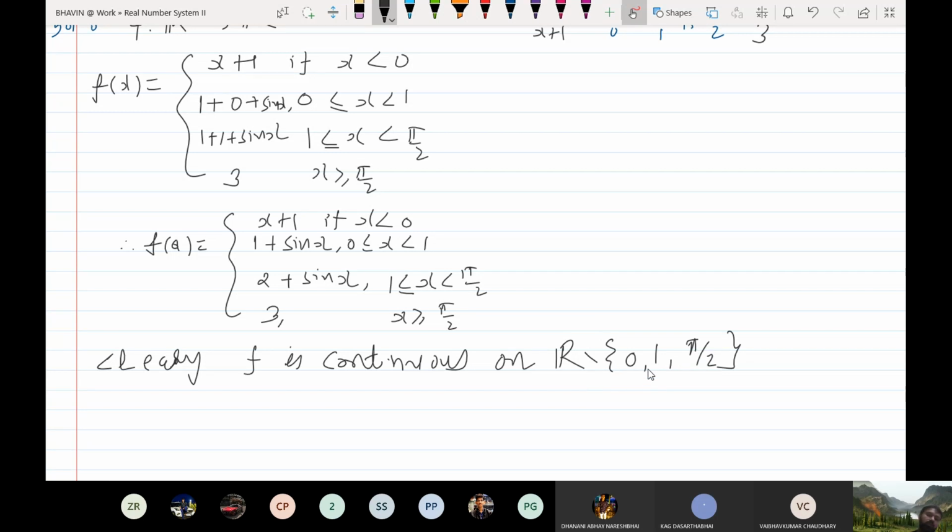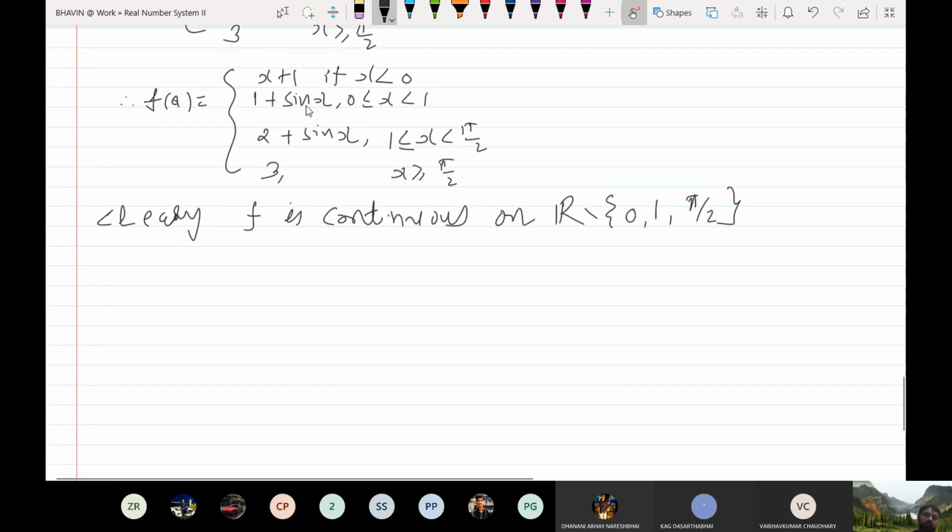So we only need to check continuity at points 0, 1 and pi by 2, because x plus 1 is continuous, 1 plus sin x is continuous, 2 plus sin x is continuous, and constant functions are. So except these 3 points, f is continuous. So now let me check one by one.